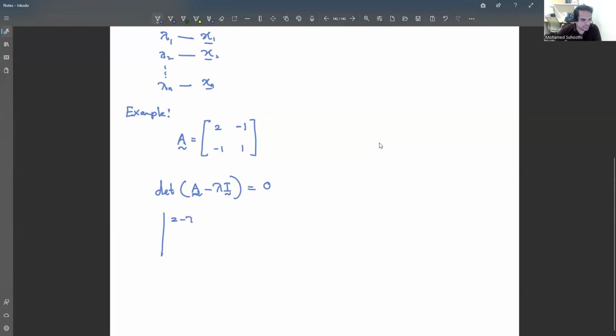That means 2 minus lambda, minus 1, minus 1, 1 minus lambda, equals 0. So therefore the equation is (2 minus lambda) into (1 minus lambda) minus 1 equals 0. So that means lambda squared minus 3 lambda plus 1 equals 0.